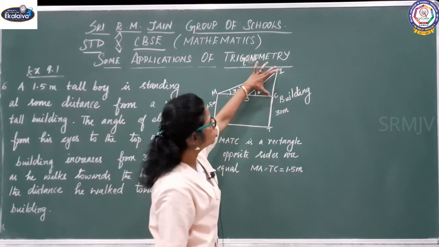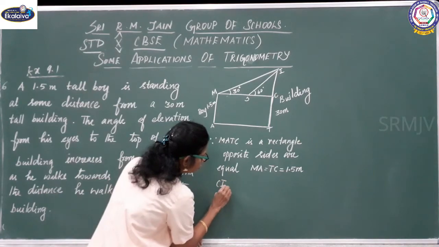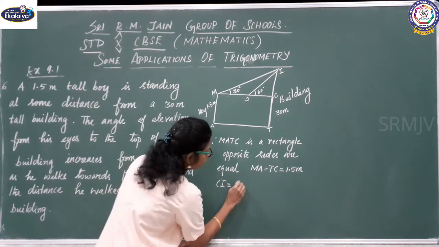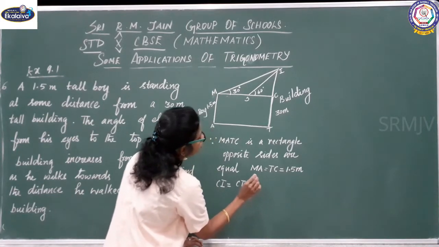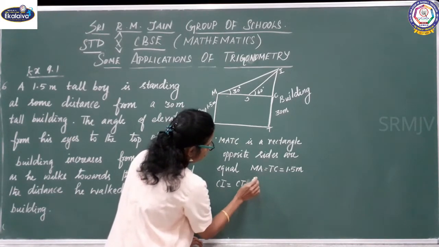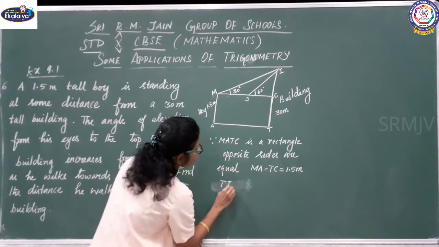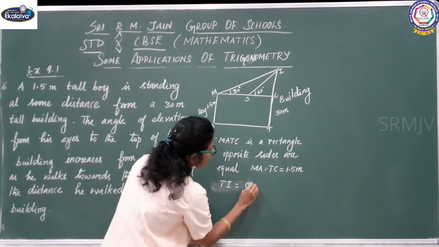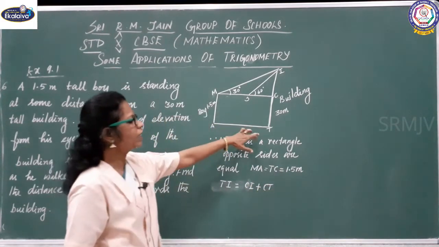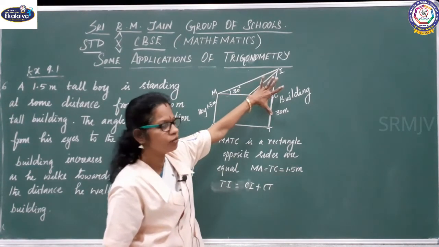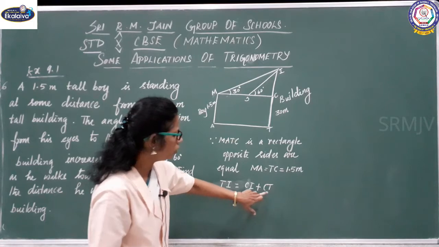That means what is the position of CI? CI equal to CT plus... TI equal to CI plus CT, right? TI is the total height of the building, that is 30 meter. CT is 1.5.